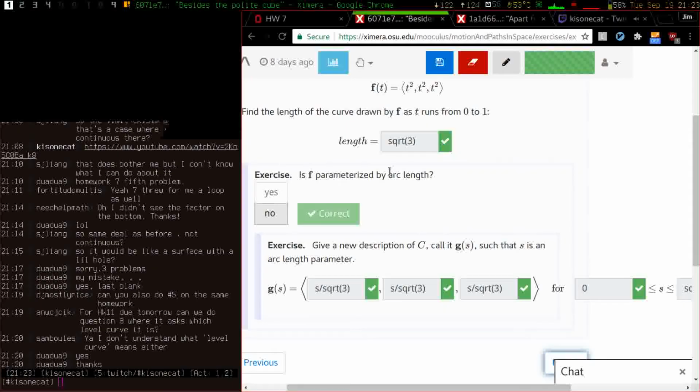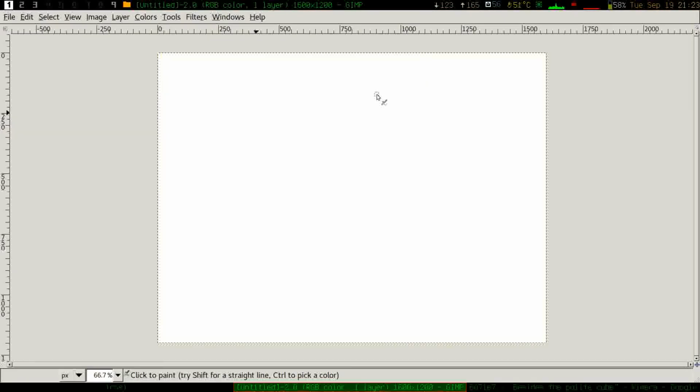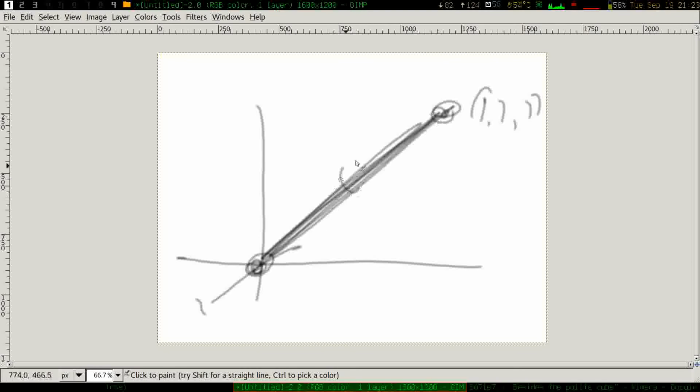Maybe if I draw a picture, then you'll feel better about this. So if I draw a picture of this, here's space, right? Here's the origin. Here's the point 1, 1, 1. Here's the line that I'm moving along.